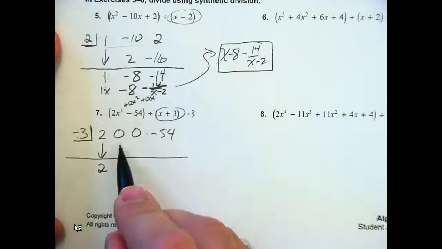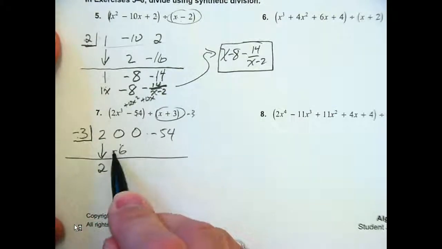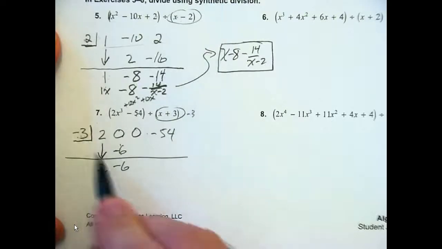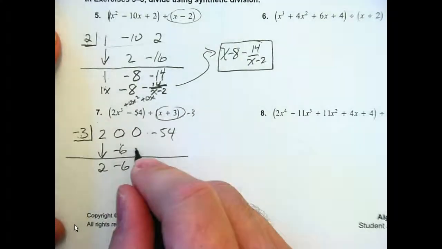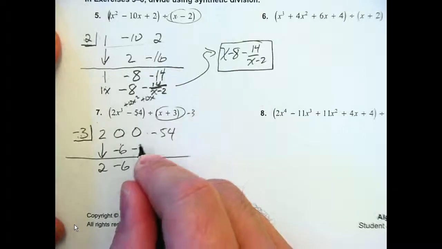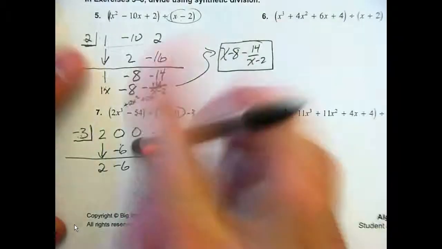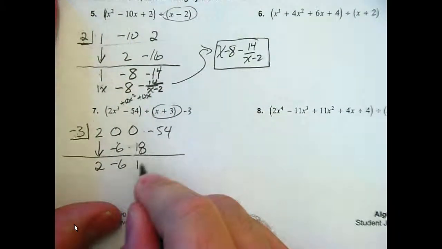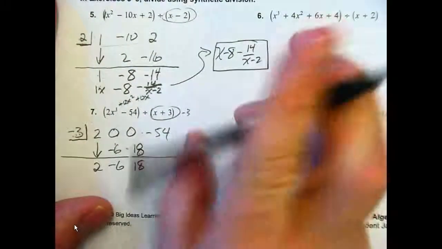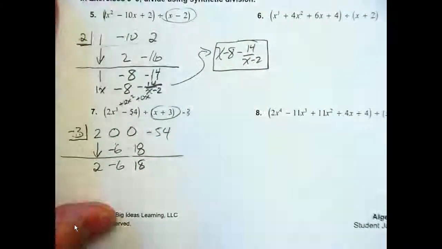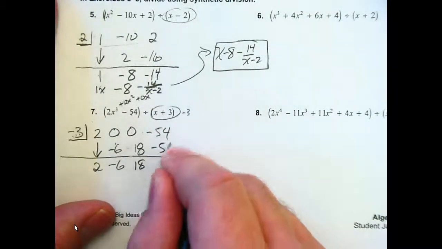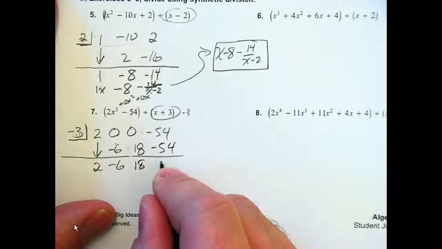Negative 3 times 2 is negative 6. And now? Add. Negative 3 times negative 6? Positive 18. Okay, and add. And negative 3 times 18 is negative 54. And add. Negative 108.